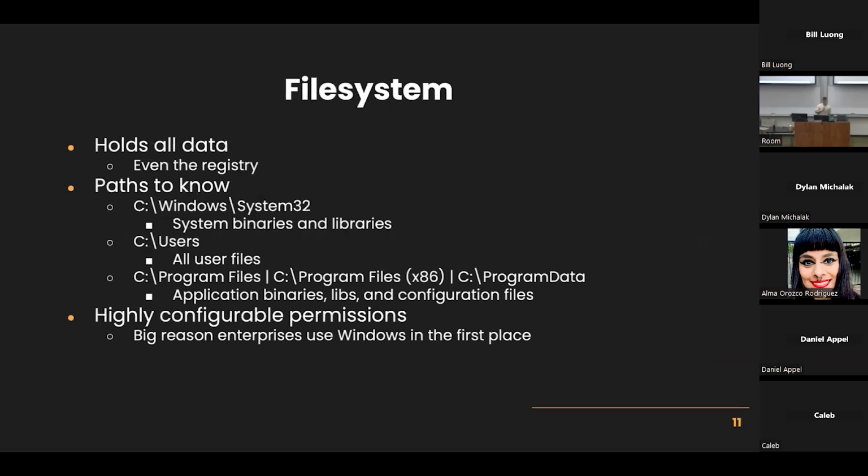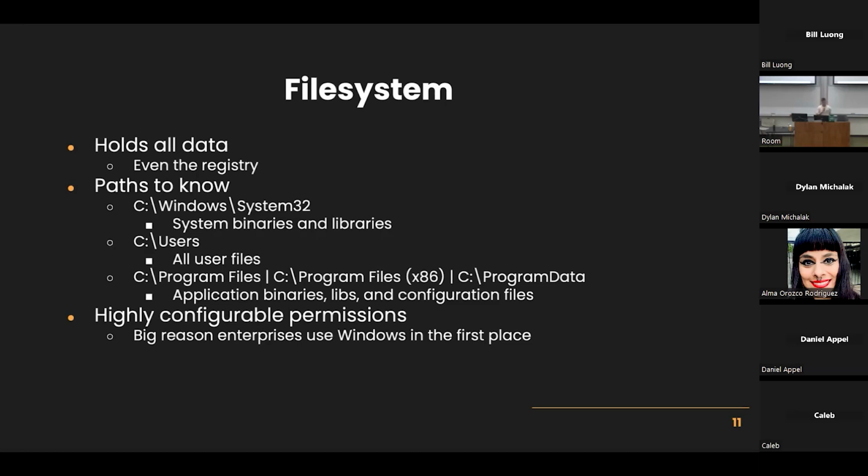The file system, similar to Linux, holds all data on the computer. It's a tree structure. It's a little bit different the way that you navigate it from Linux. Generally, you refer to directories by their drive, so you always start with the drive that the files are located in.